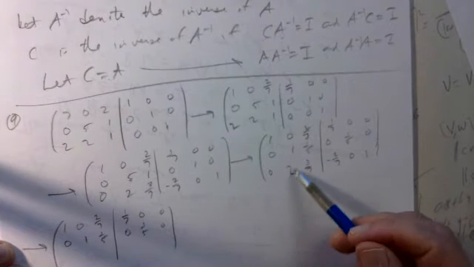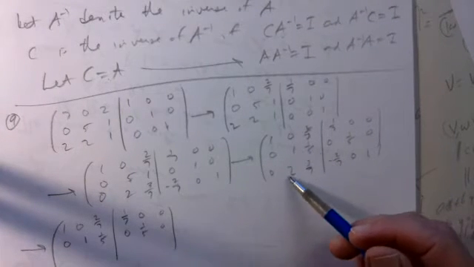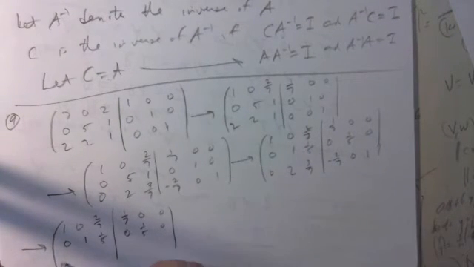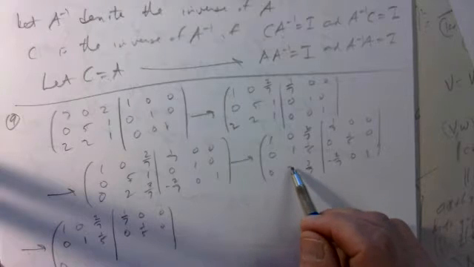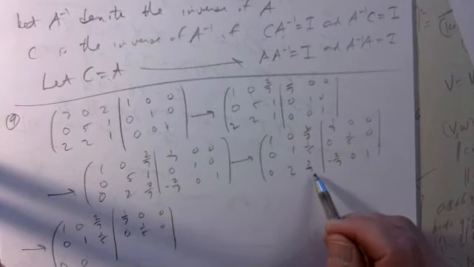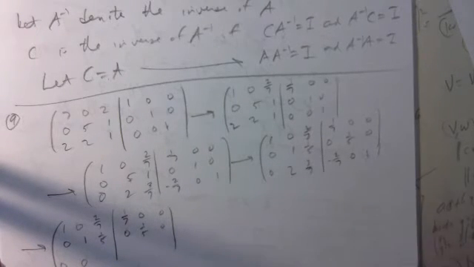And I take the third row minus twice the second row. So 0 minus 0 is 0. 2 minus 2 is 0. 3/7 minus 2/5, I put that over a common denominator of 35. That's 15 minus 14. I think it was 1/5.